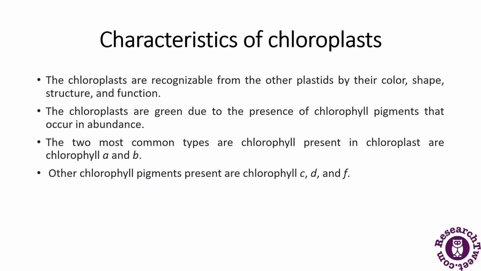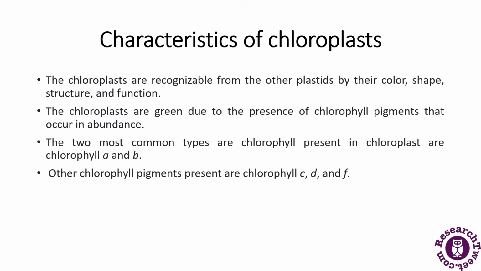So what are the characteristics of chloroplasts? Chloroplasts are recognizable from the other plastids by their color, shape, structure and function, and they are green due to the presence of chlorophyll pigments that occur in abundance.